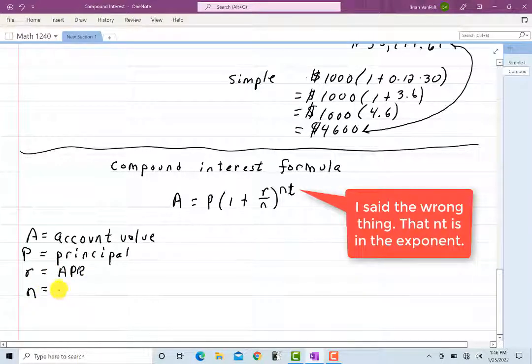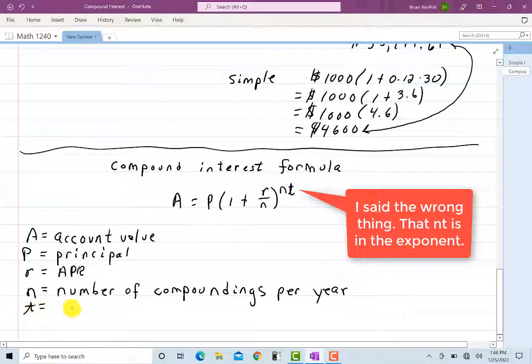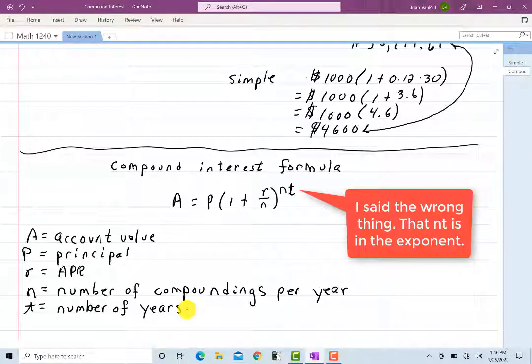N equals the number of compoundings per year. And T equals the number of years. All right, so we'll exploit this formula as we do some of the problems. I also intend to do some examples to show you how to enter it into your calculator.